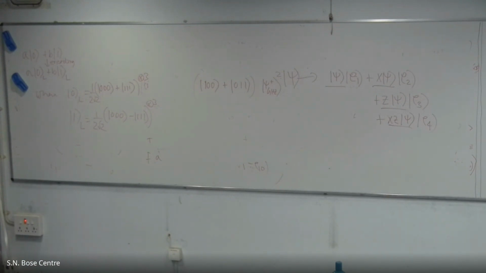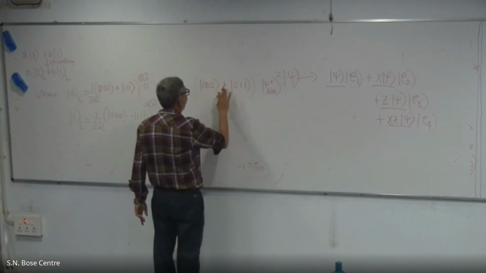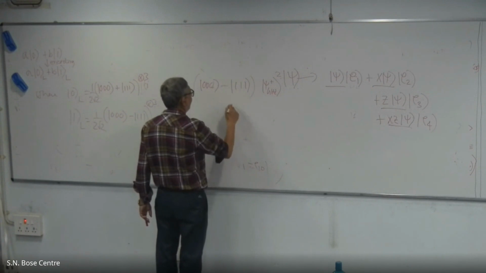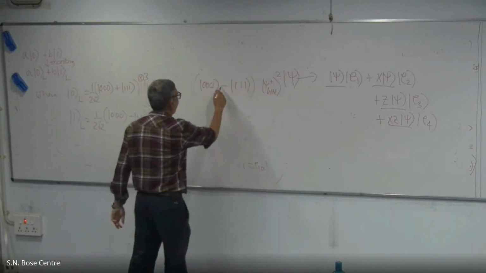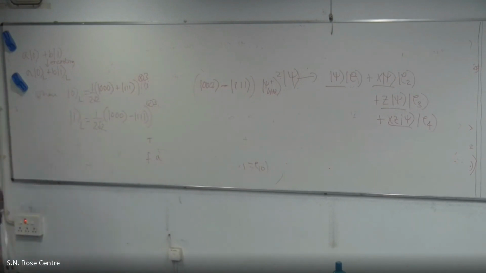A Z correction on which qubit? Third qubit. So this will be orthogonal to this. So for whatever correction on a qubit happens, it will be orthogonal to the whole. And not only that, for different corruptions, they will also be orthogonal.